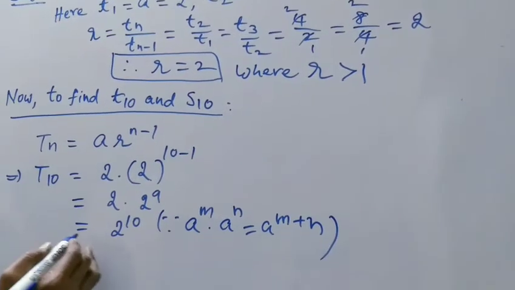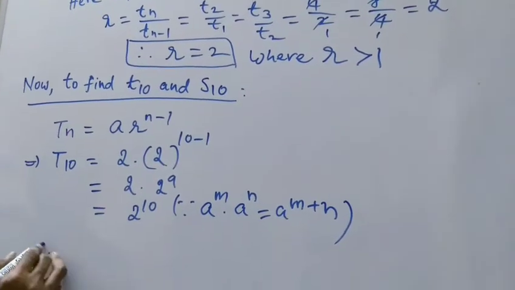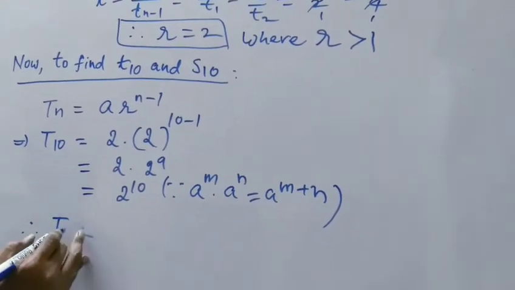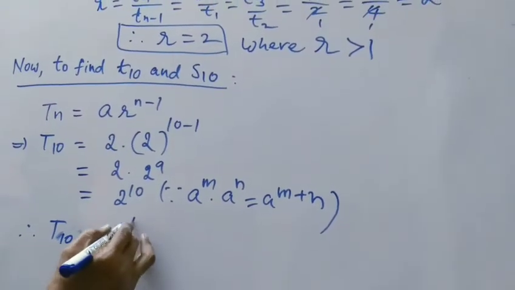By using this, it becomes 2 to the power of 10. Therefore, the 10th term is equal to 2 to the power of 10.